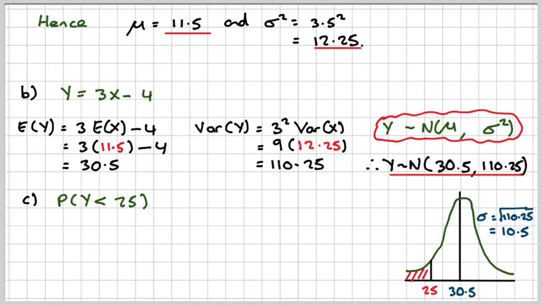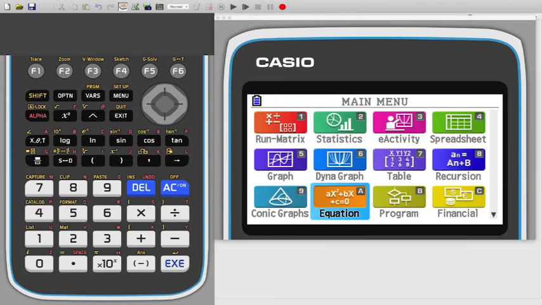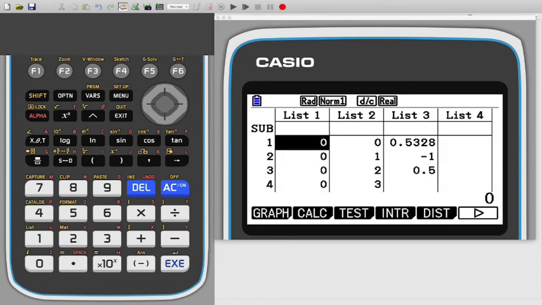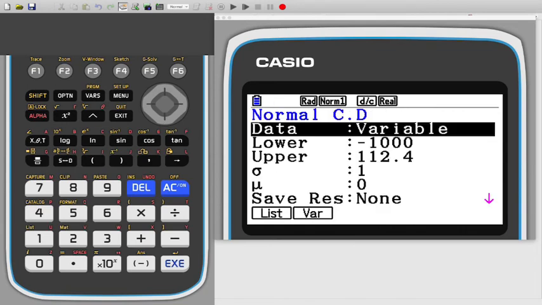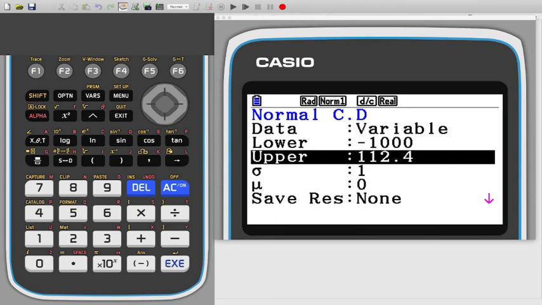So going back to the calculator, pressing menu and the number 2, statistics, and then distribution again, 5, and then normal F1, and we want NCD. For the variable, the lowest value we want very, very small, so we put minus 1,000 here. We want the upper value to be 25.